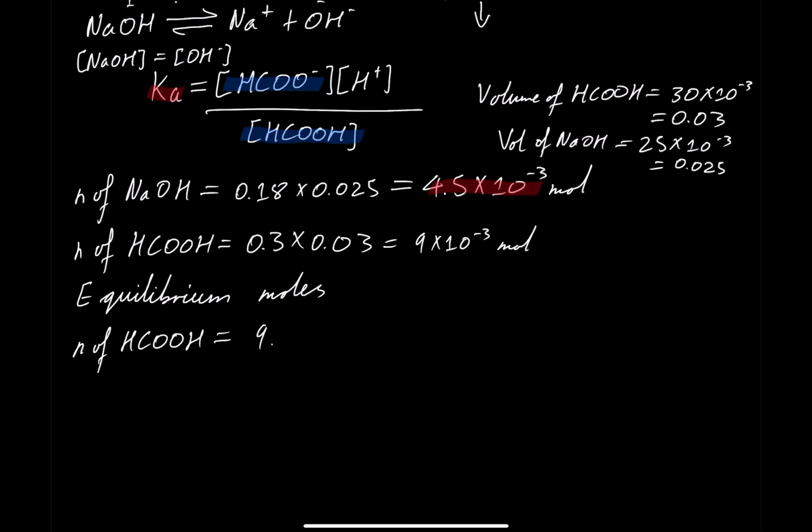So that's 9 times 10 to the power of minus 3 minus 4.5 times 10 to the power of minus 3, and that's literally half of that. So 4.5 times 10 to the power of minus 3 moles.